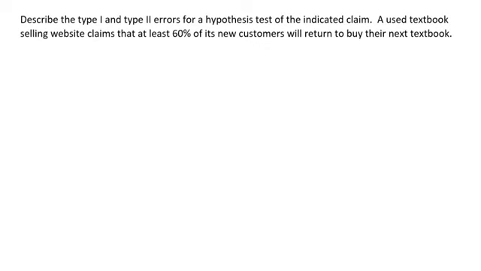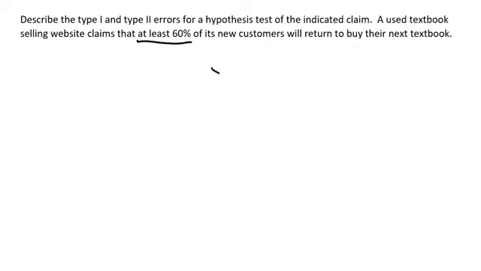So to work this problem, or to figure out what the type 1 and type 2 errors are, let's see if we can first form some hypotheses for this example. It says a used textbook selling website claims that at least 60% of its new customers will return to buy their next textbook. Let's represent at least using a mathematical symbol.